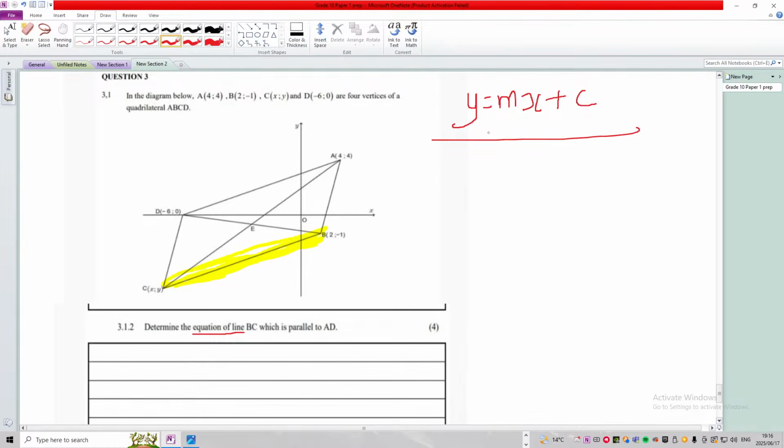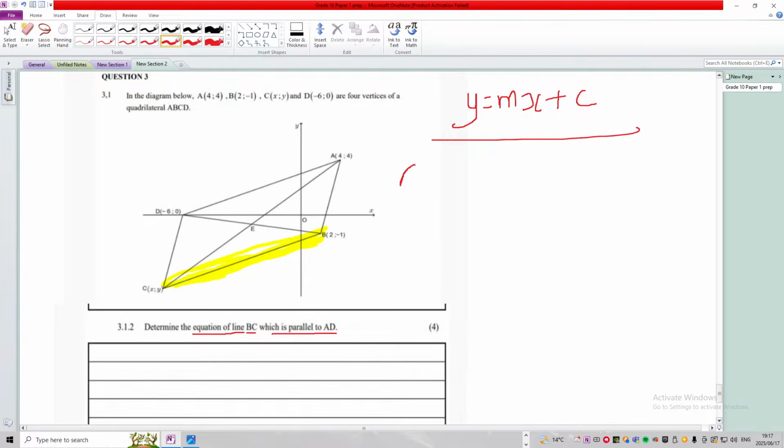So the equation of a line BC. Now BC, I want to find the equation of the line BC, which is parallel to AD. Now 45 will be fine at this point. If you get 45, it will be a great achievement considering the marks in paper 1. Determine the equation of the line BC, which is parallel to AD.